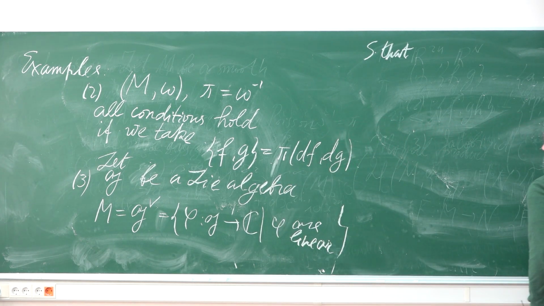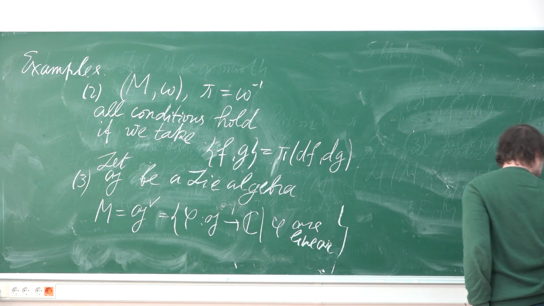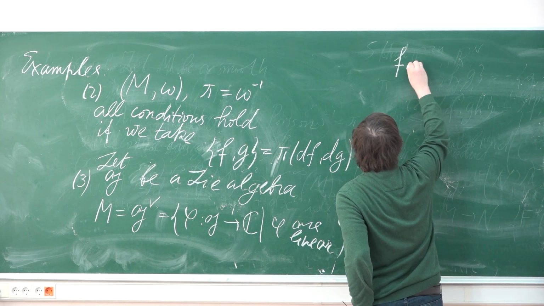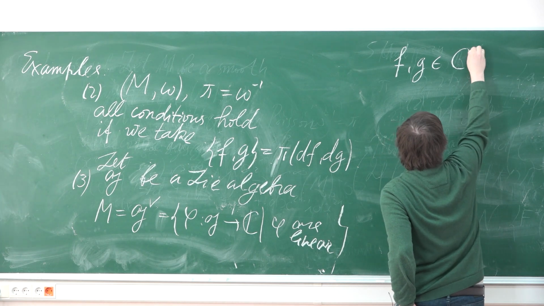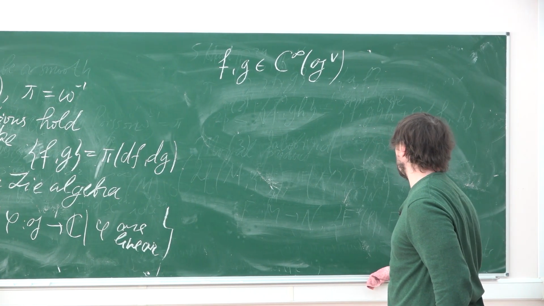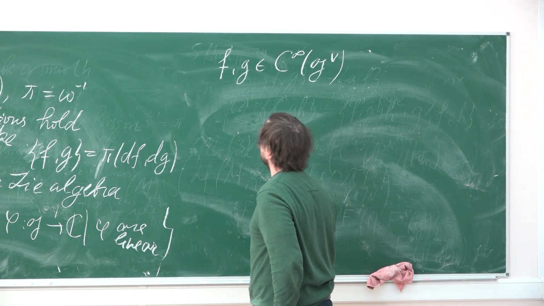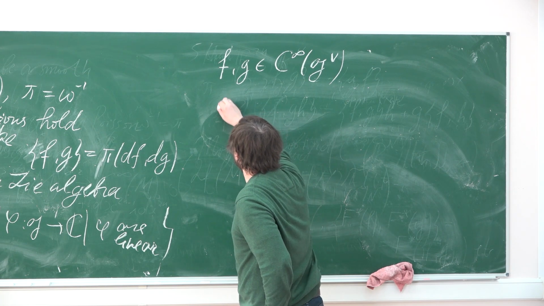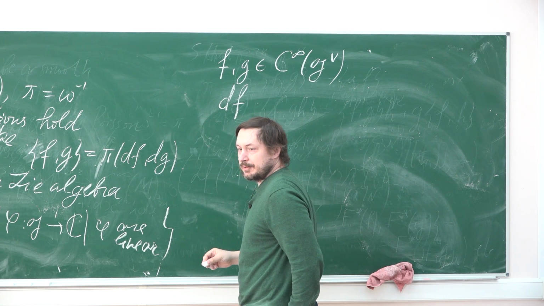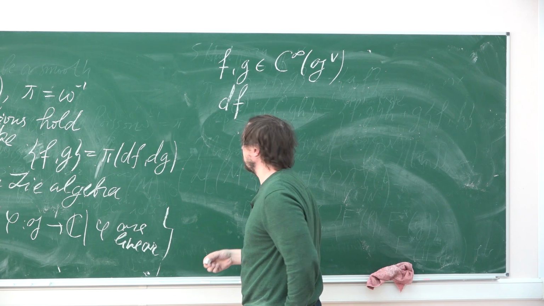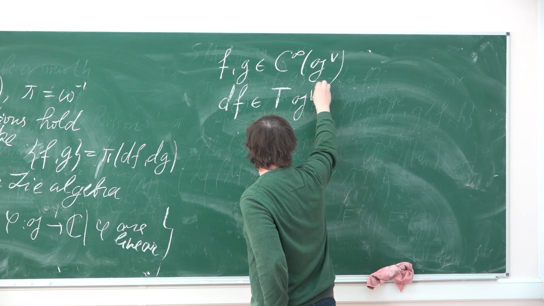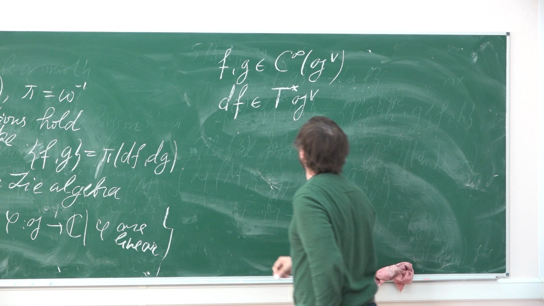So what do we do further? Let now f and g be two functions on g star. Okay, g check, I don't know how to call this. Then the differentials are sections of the cotangent bundle of g star, so of g check, right?